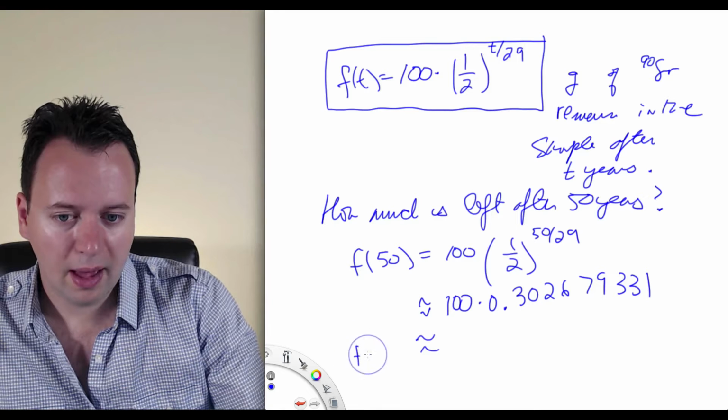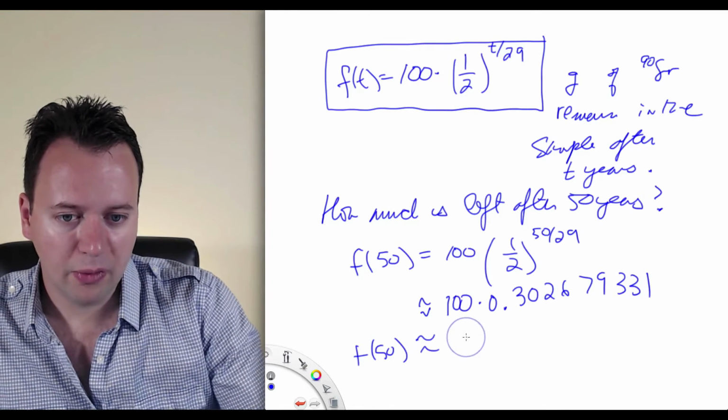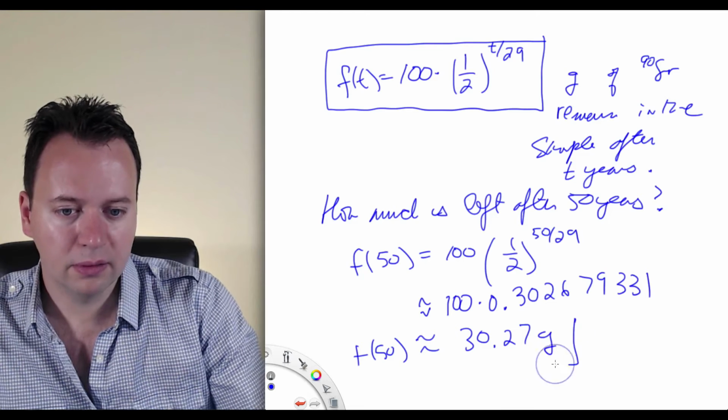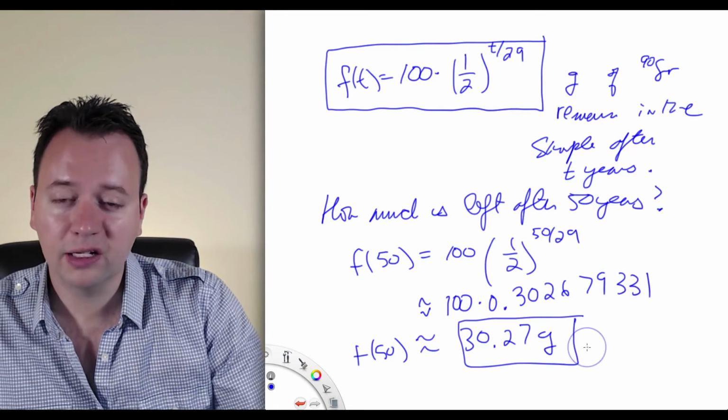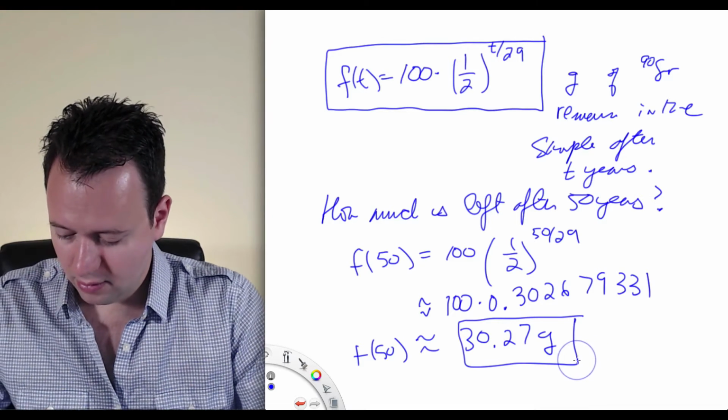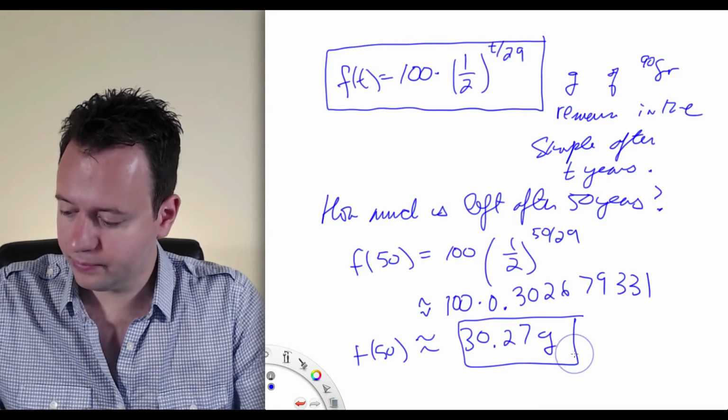So f of 50 is going to be approximately 30.27 grams. So that's approximately how much strontium-90 remains after 50 years.